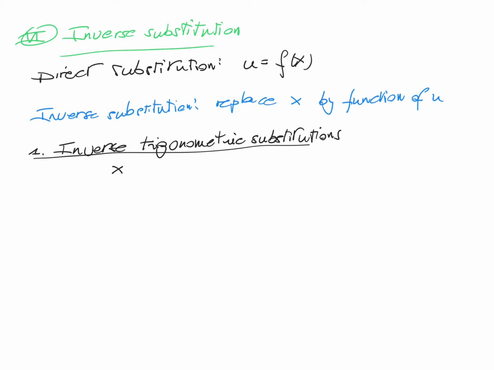So we will set x equal to a times sine of theta, or x is a times tangent of theta, or x is a times the secant of theta, depending on the case. So these are the inverse trigonometric substitutions, and these correspond to the following direct substitutions.